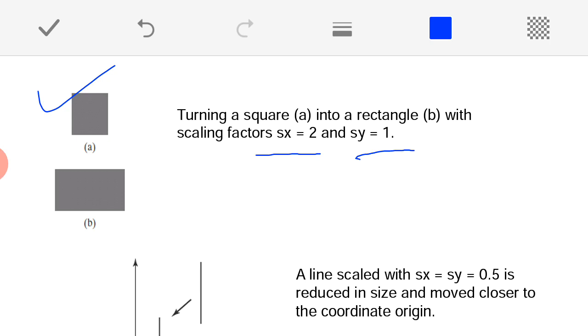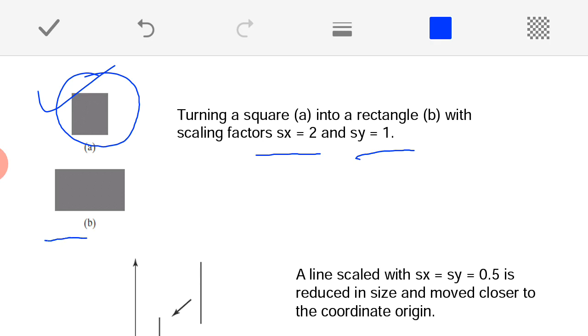So, it means that when I multiply the x value of this square by 2, automatically the x value will be doubled. That is the reason that, look here, my square is changing into a rectangle. Why?